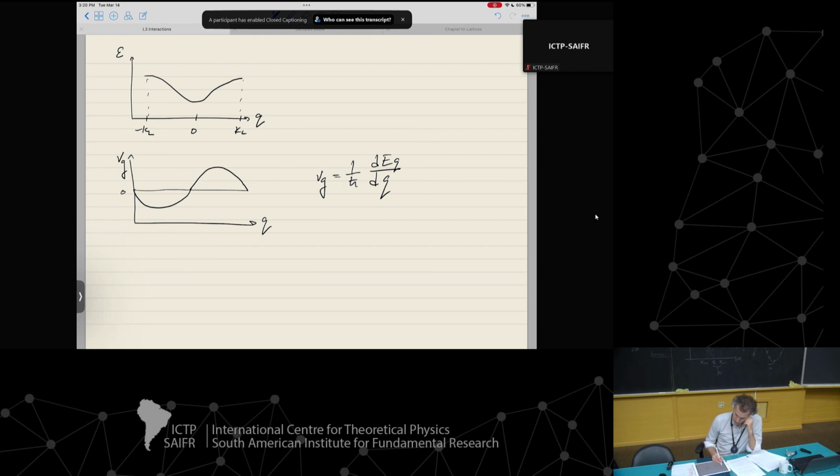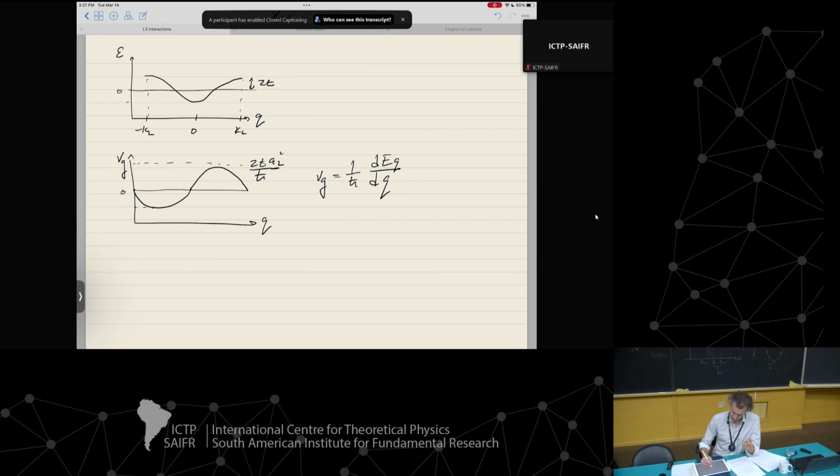And so the maxima and minimum here, if this band is, let's say, centered around 0 and goes up by 2t and down by 2t, then the group velocity order of magnitude is 2t over h bar, which is now a rate times a lattice spacing. Right?